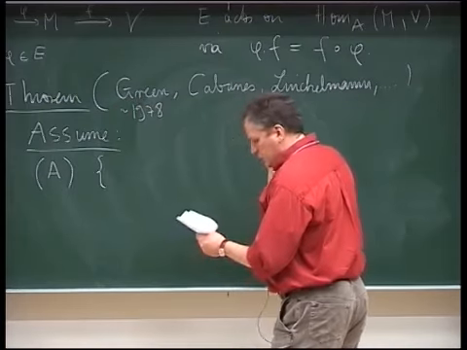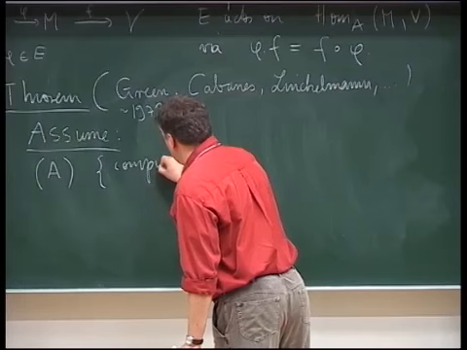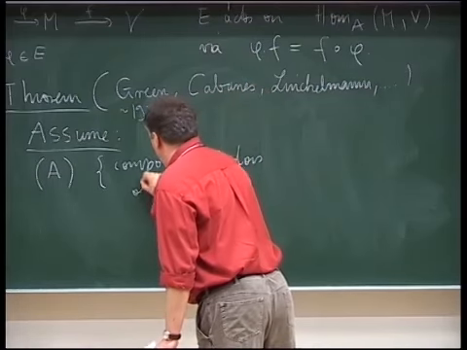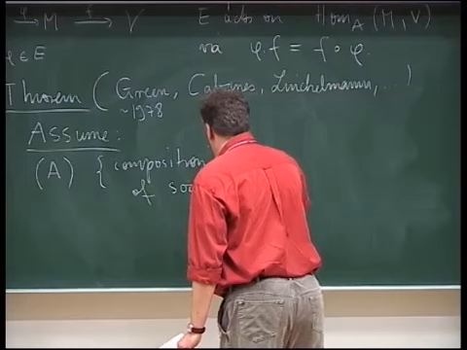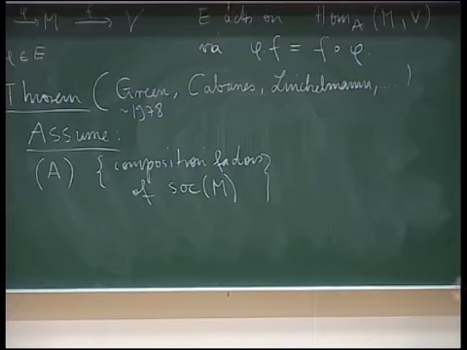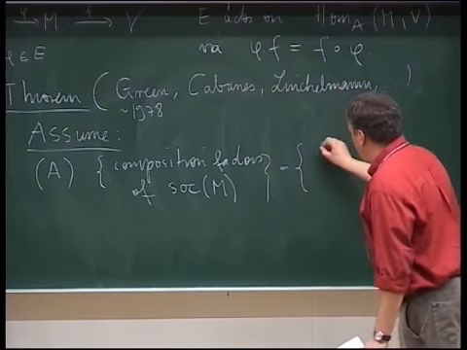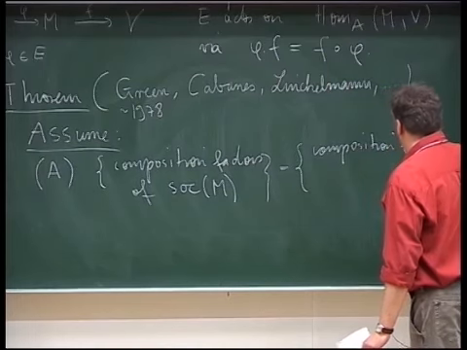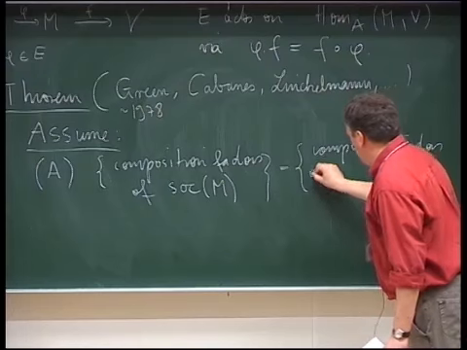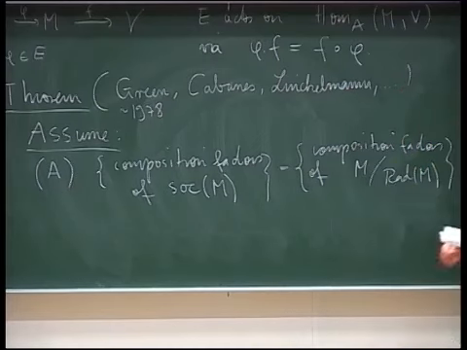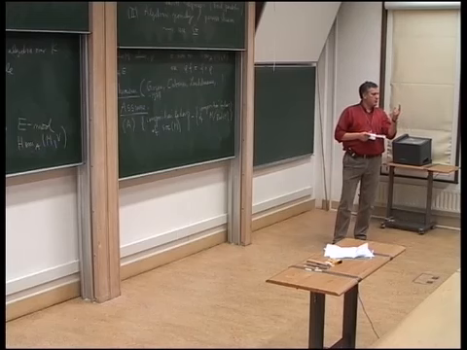The precise assumption is that the set of composition factors of the socle of M, so all simple submodules of M, is the same as the set of composition factors of the head of M. So whenever a simple module is a submodule of this M, it should also occur as a quotient module and vice versa.